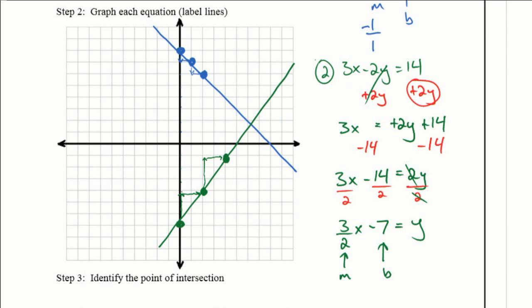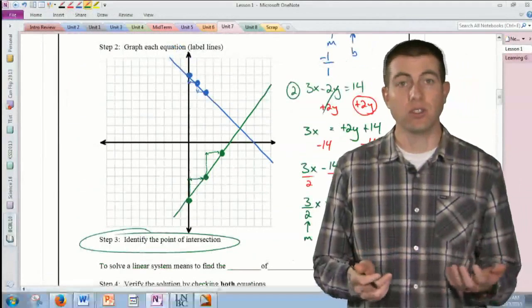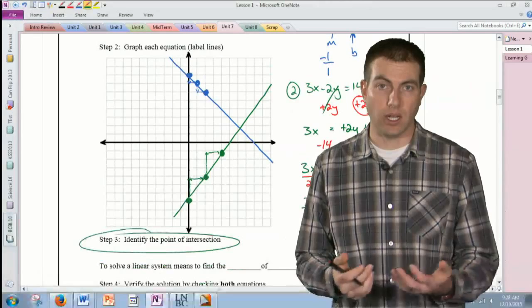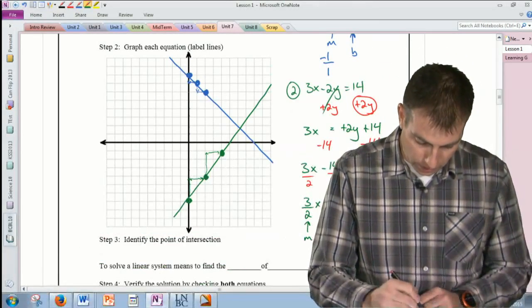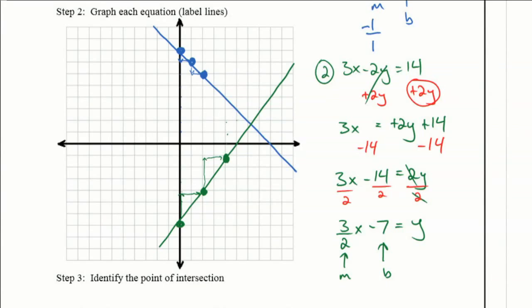So it's asking me to identify the point of intersection. The solution to the equation is where these lines cross. Now, because I'm drawing on a tablet, it's not that great. I was supposed to go through that point, but I missed by a little bit. If I use my slope again, rise 3, run 2, I'd end up there. So although my line doesn't indicate it, I was hoping to go through this point here.